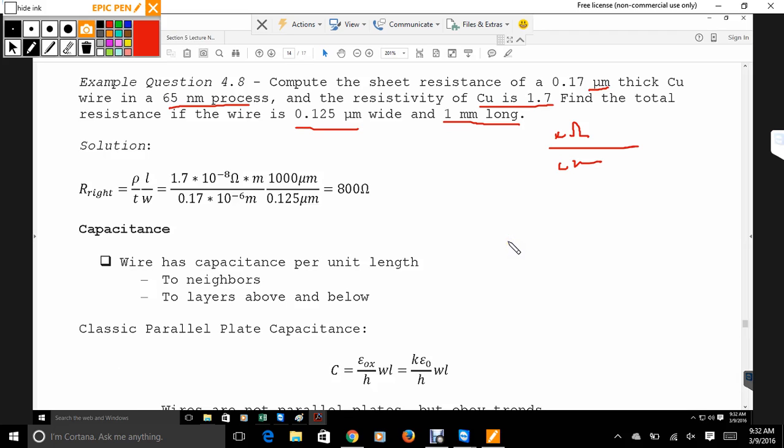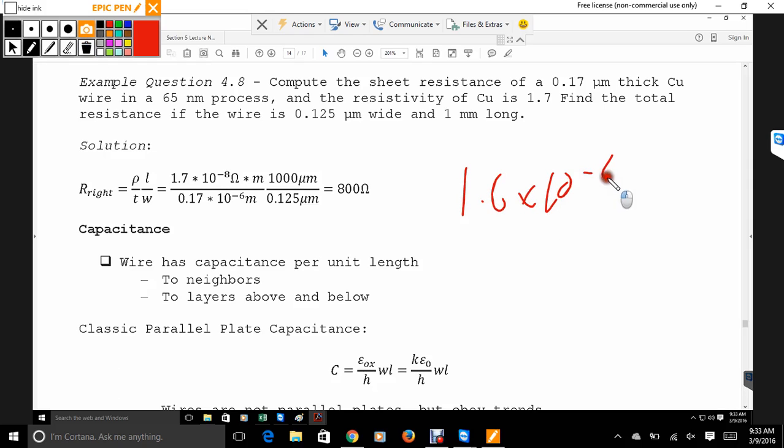So here's how this all comes into play. Resistivity is 1.7 times 10 to the negative 8 ohm-meters. Remember, this is given in centimeters, so I just converted it to meters. It was 1.7 micro ohms per centimeter, so that's actually 1.7 times 10 to the negative 6 ohms per centimeter, and this is in micrometers.